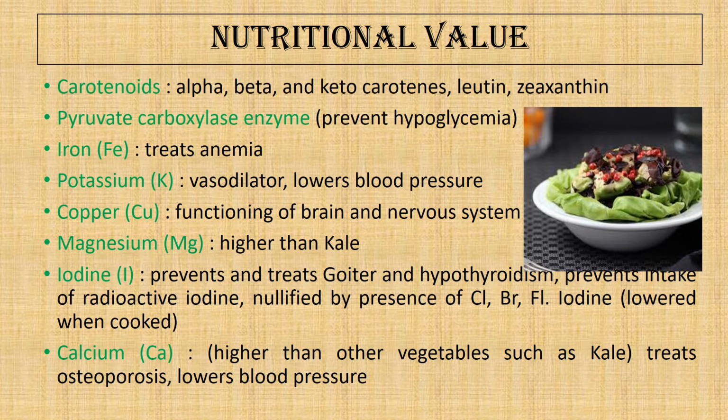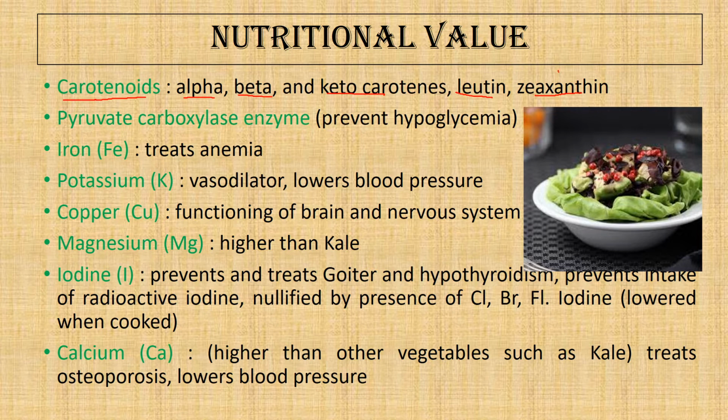The other nutrients that are found in dulse are carotenoids. We know that carotenoids are accessory pigments, not directly associated with photosynthesis, but they help in photosynthesis. So these carotenoids, alpha carotenes, beta carotenes, ketocarotenoids, lutein, zeaxanthin, all have antioxidant property, that is, the property to check or reverse the process of aging.